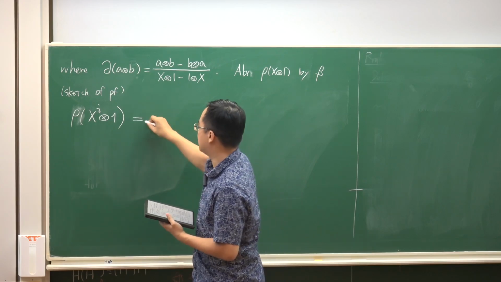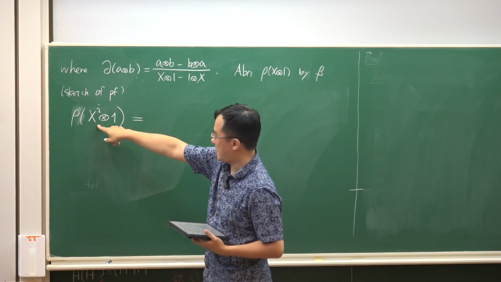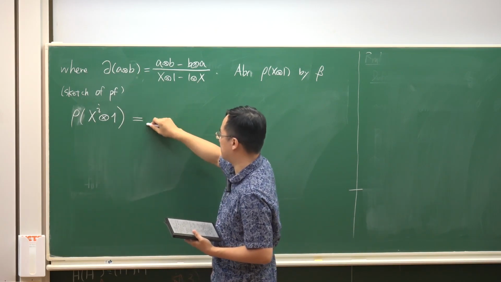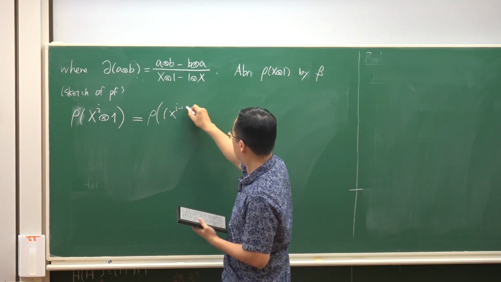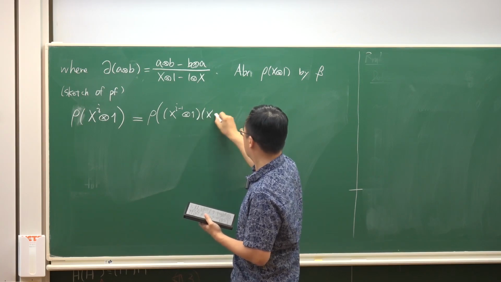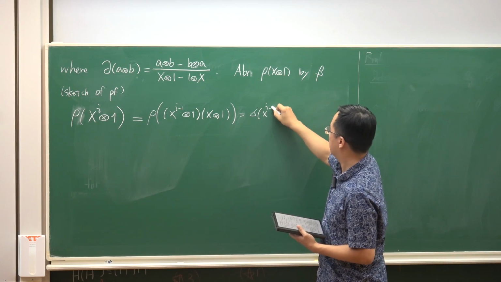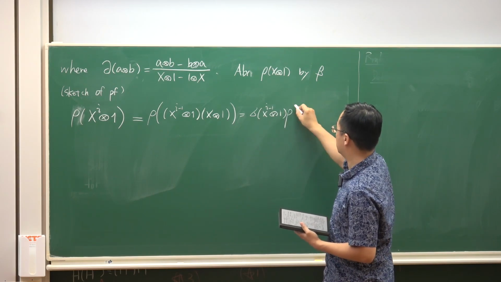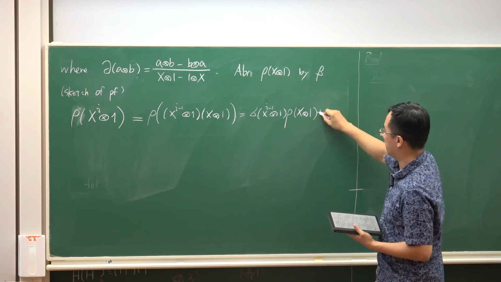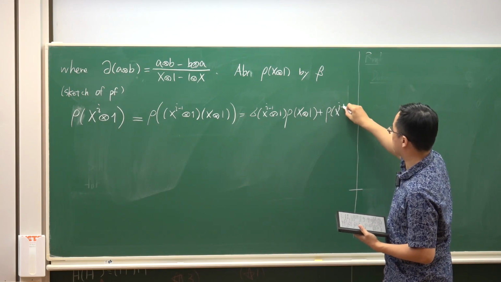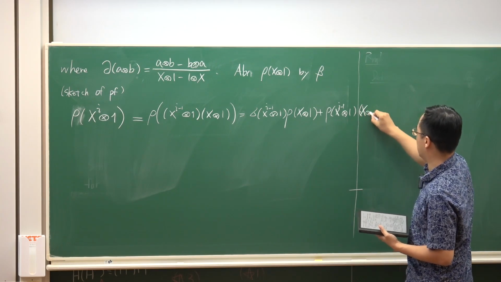And then for any such element, you want to apply the twisted derivation condition. You split this x to the I tensor 1 into two parts. Which means you get sigma x to the I times rho x tensor 1, which is beta, plus rho x to the I minus 1 tensor 1 times x tensor 1.